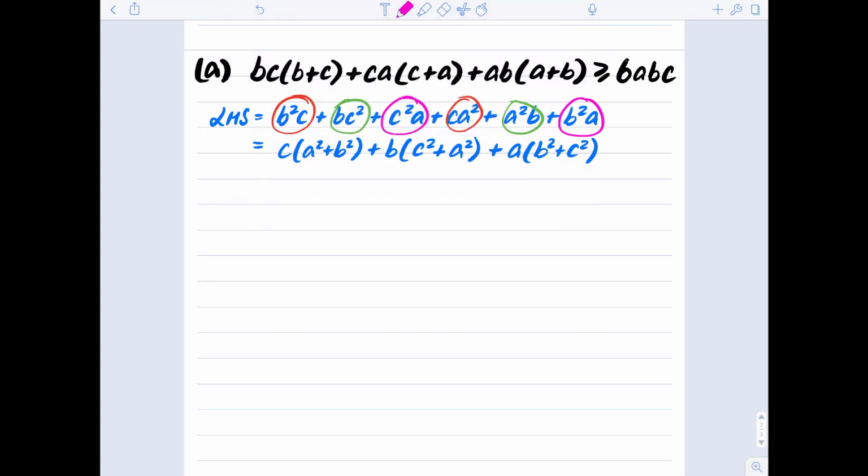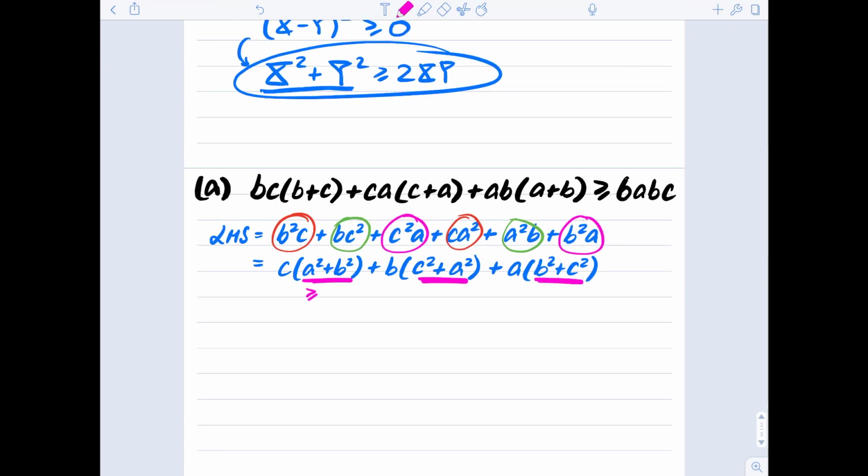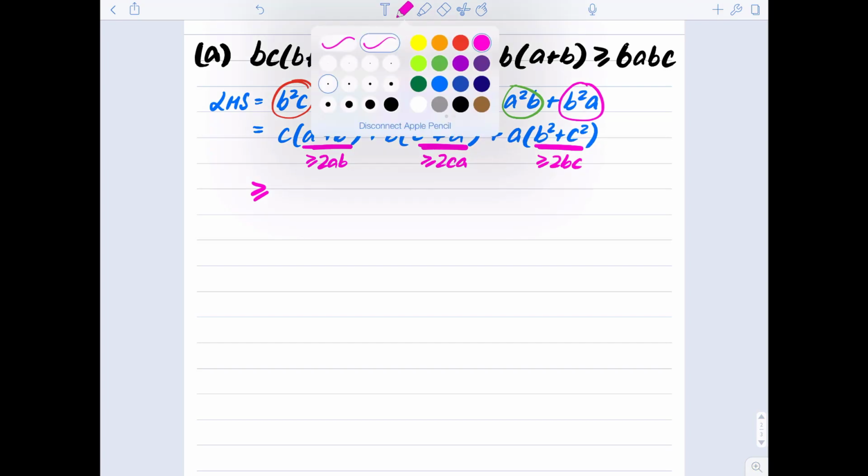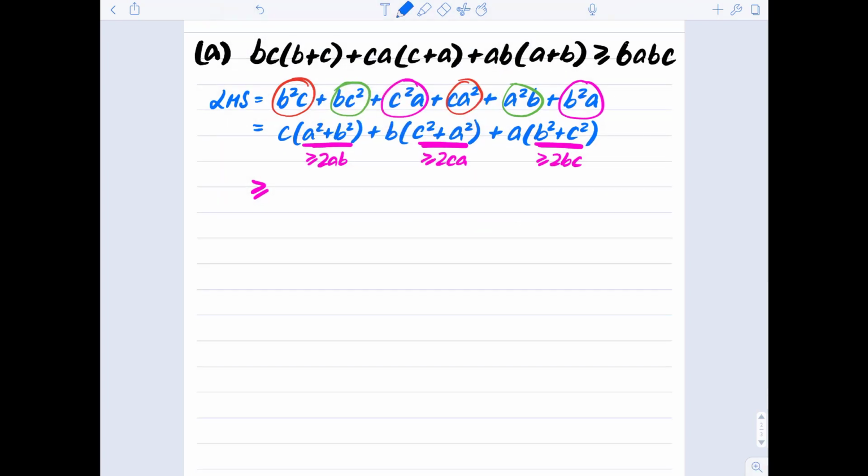I'm going to cheat and not write full working, but having a look at these three, a squared plus b squared, following our inequality, is bigger than or equal to 2ab. This is bigger than or equal to 2ca, this is bigger than or equal to 2bc. So this whole thing must be bigger than or equal to c times 2ab, which is 2abc.